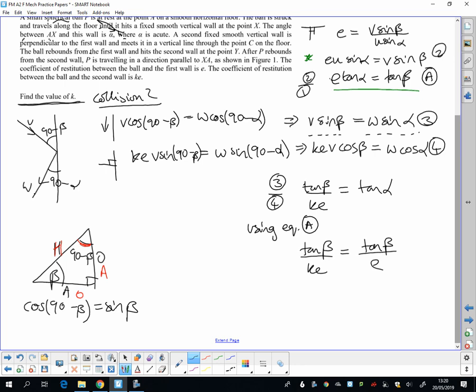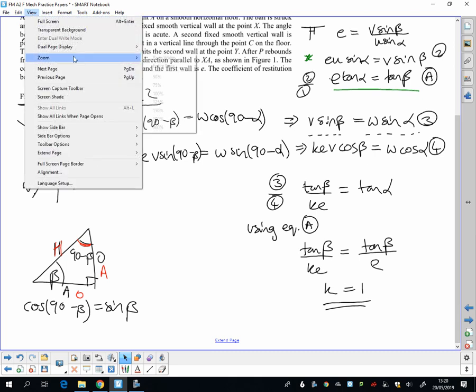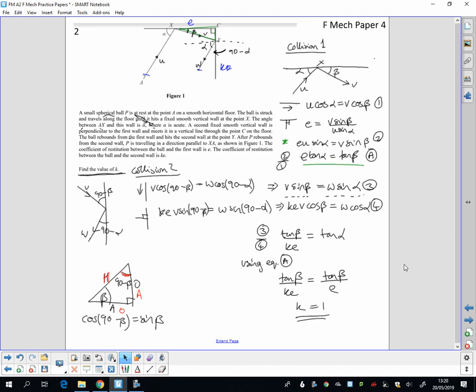And if you look at these equations, you can see the only way that's going to be satisfied is if k equals 1. Which is the surprising or not answer, and it does seem like quite a lot of work just to get to the fact that k equals 1, and you might think, oh, I've got that wrong, but that is the right answer.